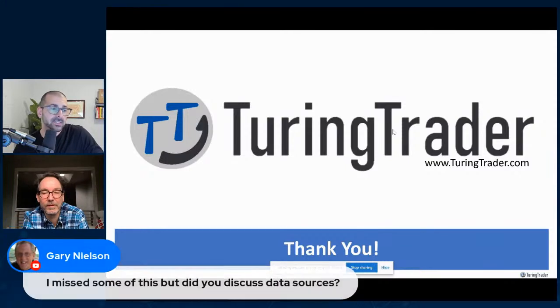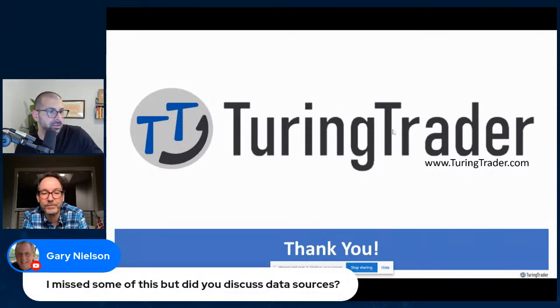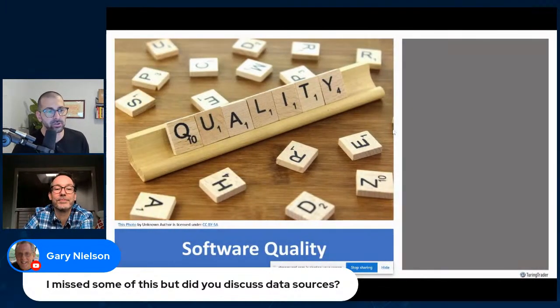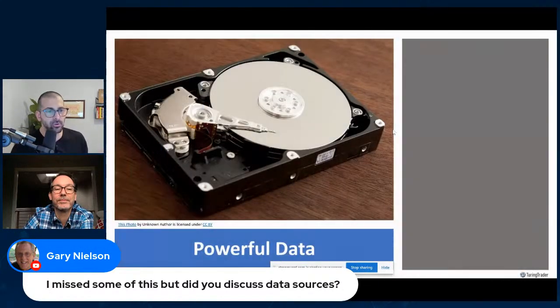We actually did just get a question come in from Gary on screen here. Gary Nielsen's asking, I missed some of this, but did you discuss data sources? And yes, we definitely did, Gary. So you can certainly rewind this a little bit, but TuringTrader and the data sources, super important part here.